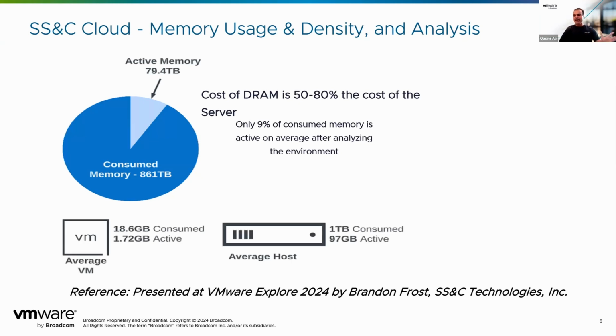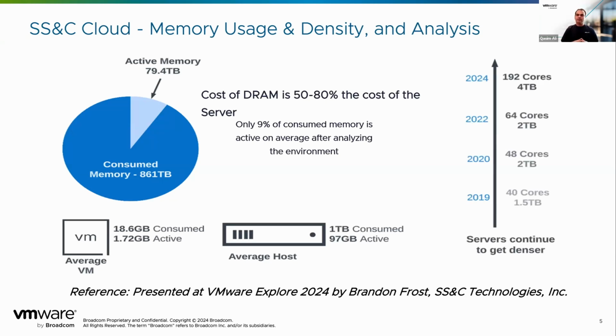Now, if you look at their average VM sizes and average host sizes, and what their consumption and activeness looks like, again, their activeness is pretty low. Now let's look at the core angle. Most of your application licenses, like SQL Server licenses or your hypervisor licenses, are based on the number of cores. If you look at this trend, your servers continue to get denser in terms of cores, exponentially. Memory is going up too, but not exponentially.